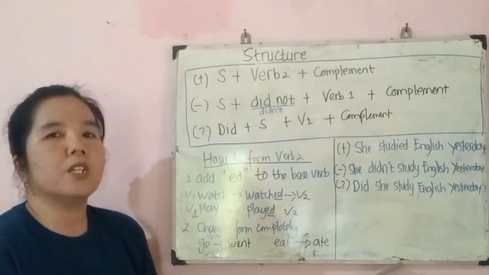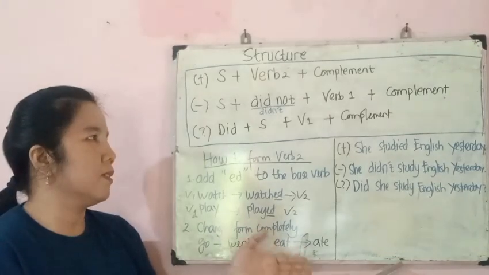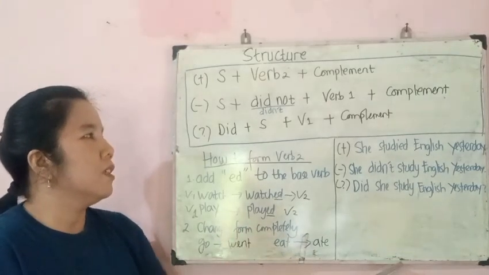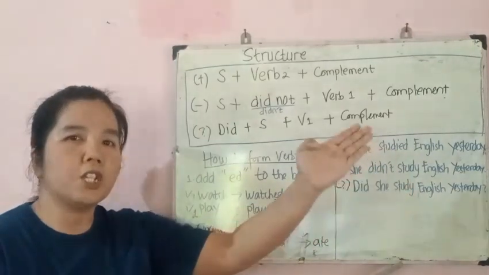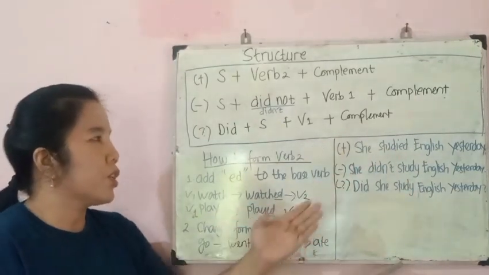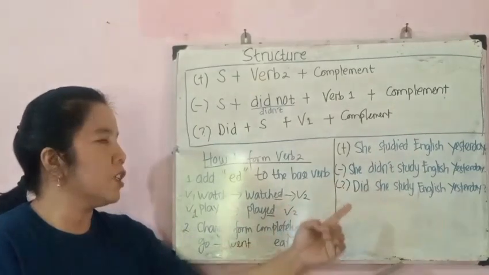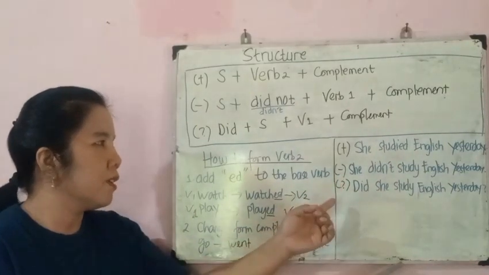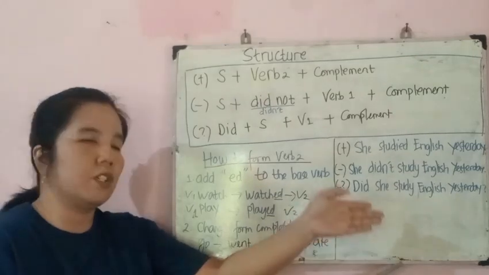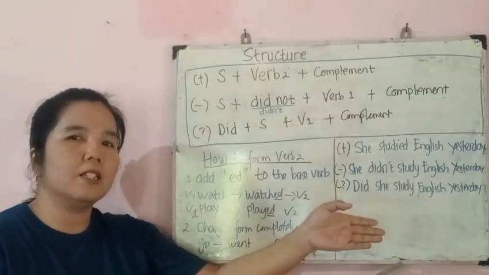Okay, let's look at the example sentences. In the positive sentence: She studied English yesterday. In the negative sentence: She didn't study English yesterday. For the question sentence: Did she study English yesterday?